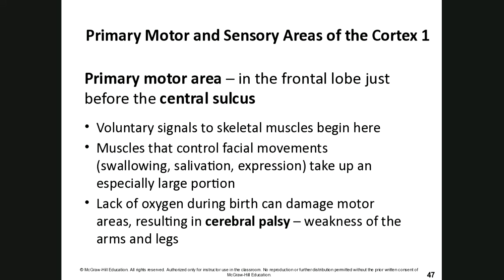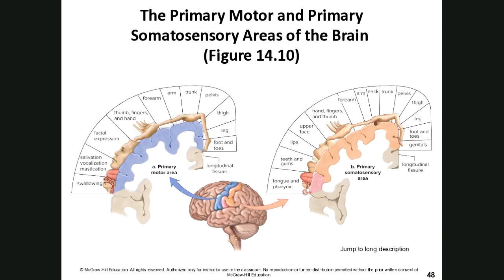So the primary motor area is in the frontal lobe. Voluntary signals for skeletal muscles begin here, including muscles that move your face. If you don't have enough oxygen during birth, that could damage the primary motor area, and that could result in cerebral palsy. When we look at this primary motor area, in both the red here and the orange, let's get a little bit closer.